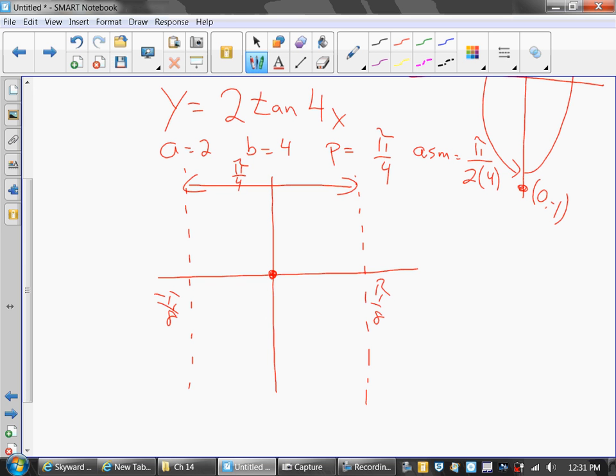Now to find the other points, well, what's halfway between 0 and pi over 8? pi over 16. So here's pi over 16, and here is negative pi over 16.